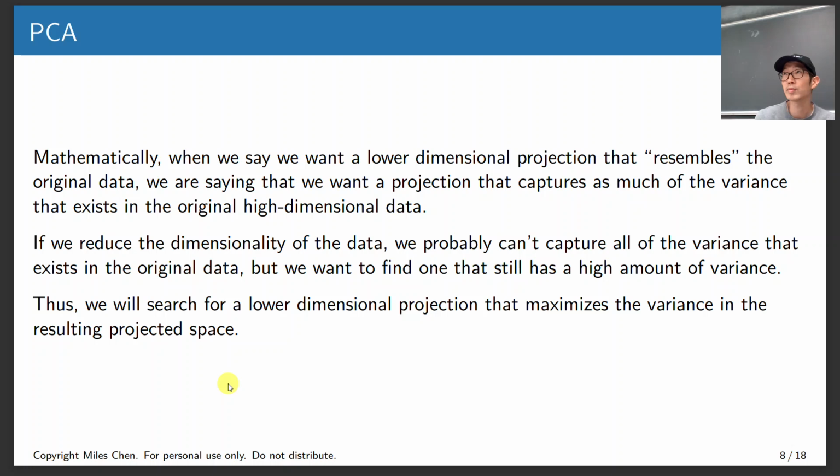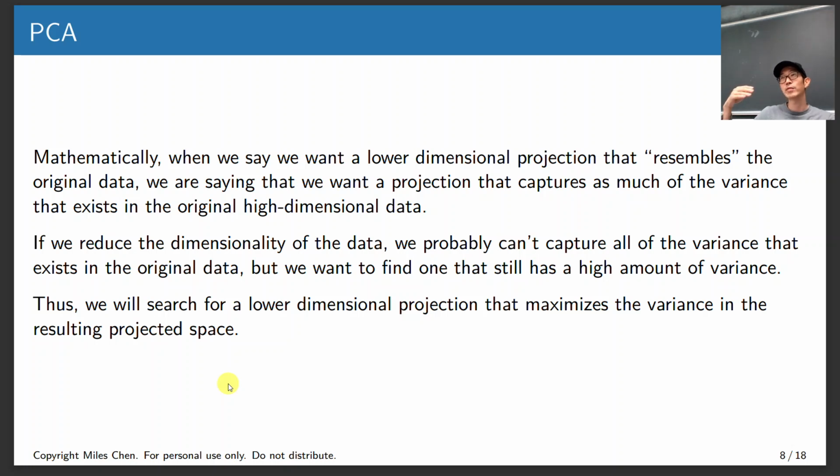All right. So when we say we want to find a lower dimensional projection that resembles the original data, one way we can think about it is we want the resulting projection, when you go from 3D down to 2D, to capture as much of the variance that exists in the original higher dimensional data.